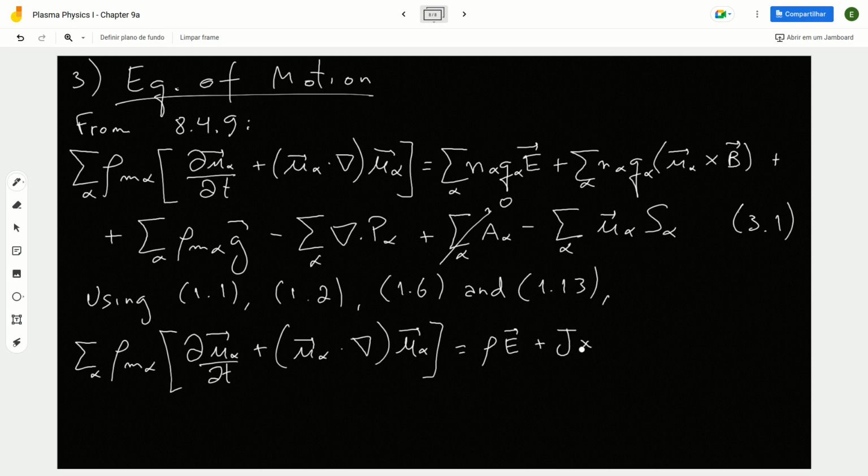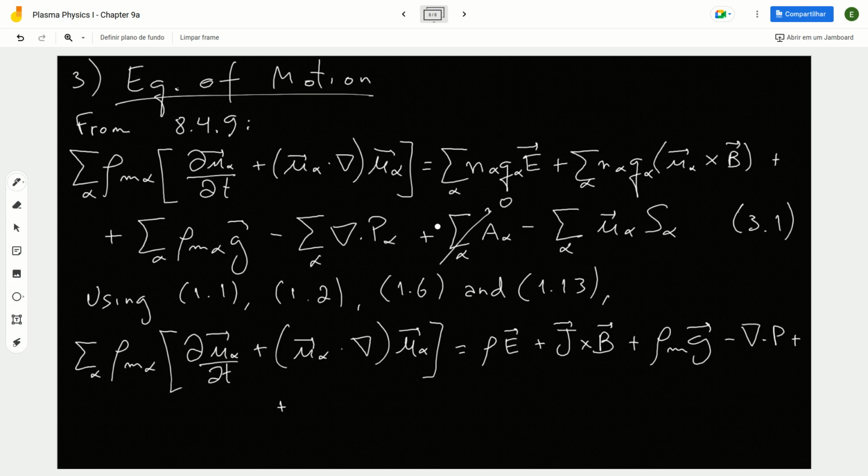then J cross B, then rho m g minus divergence of P plus the sum of, what is this?